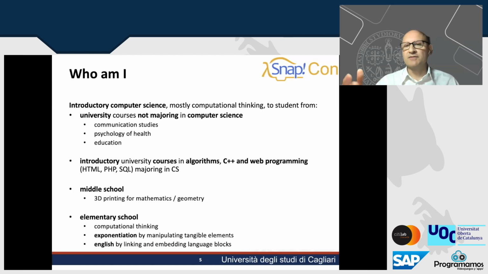I also teach for fun, for interest, to middle school students about using maybe 3D printing for their mathematical and geometrical concepts, and also to elementary school, basically computational thinking, but also to investigate some difficult mathematical concepts, or even English, why not?